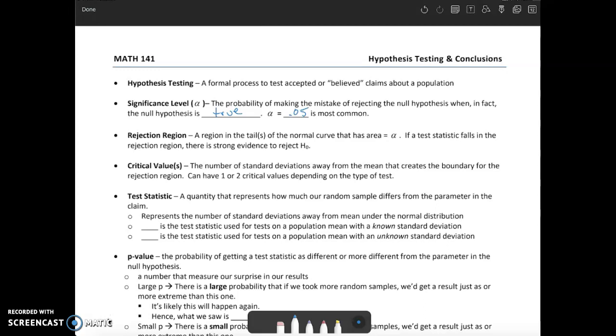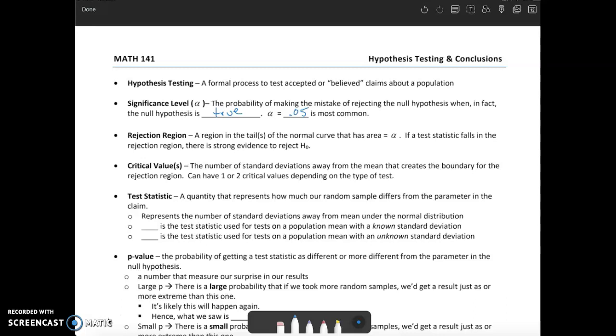The rejection region is the region in the tail or tails of the normal curve that has an area equal to alpha. If a test statistic falls into this rejection region, then there's strong enough evidence to reject the null hypothesis. The critical value or values are the number of standard deviations away from the mean that creates the boundary for the rejection region.